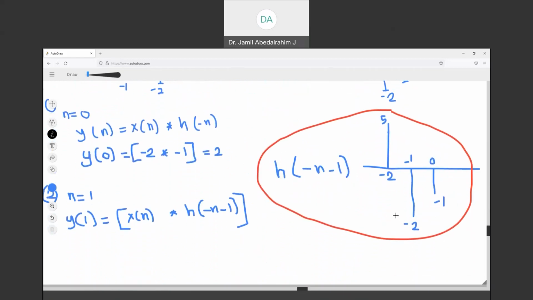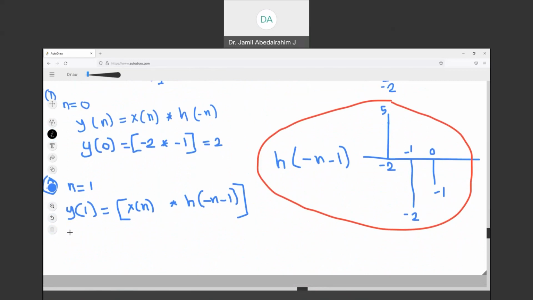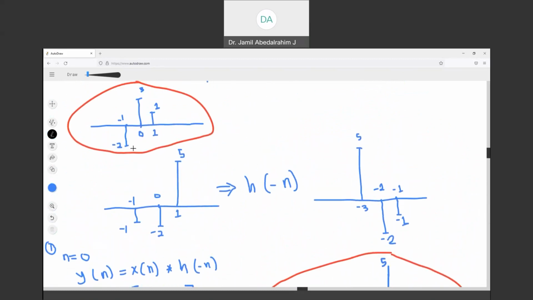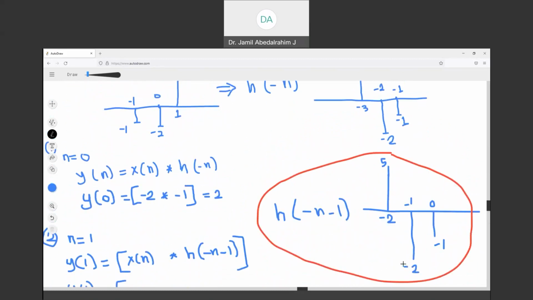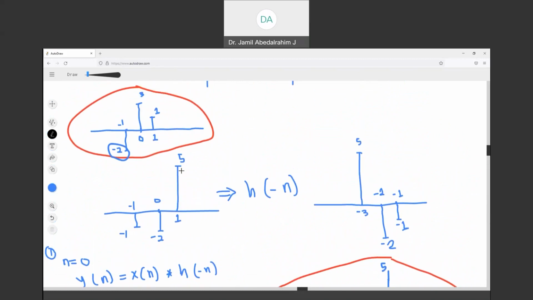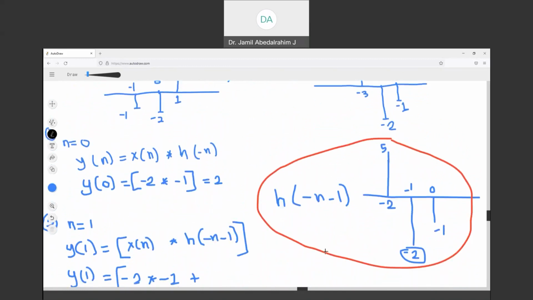So y of 1 equals negative 2 multiplied by minus 2, plus, at 0, 3 multiplied by minus 1.